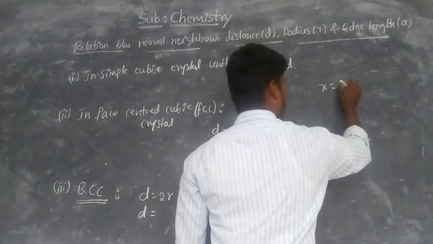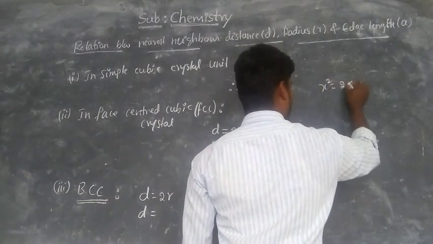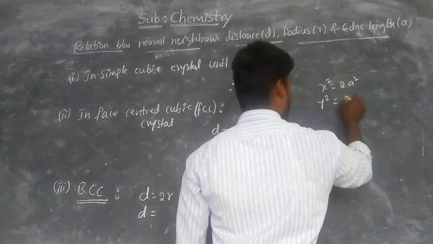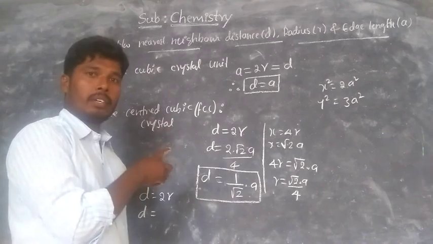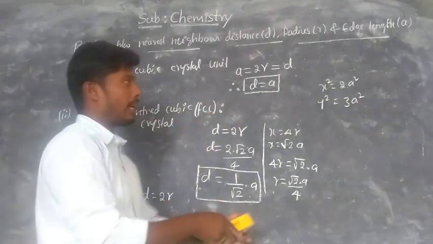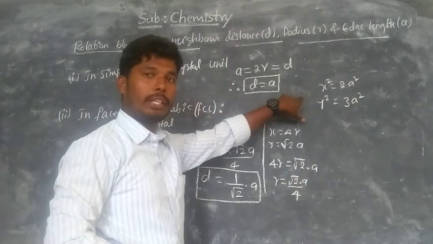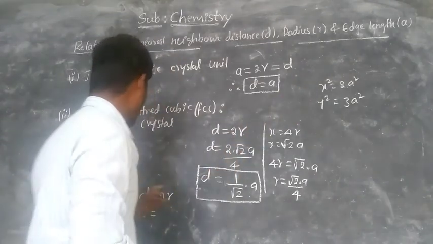You get 2x square is equal to 2a square and y square is equal to 3a square. To get the values of x and y, you already know how to get these values, by solving to find the packing efficiency of BCC.